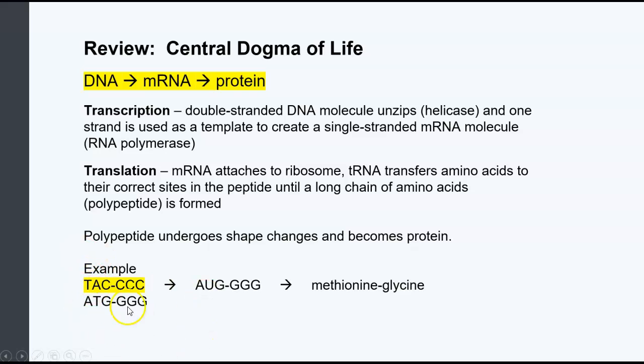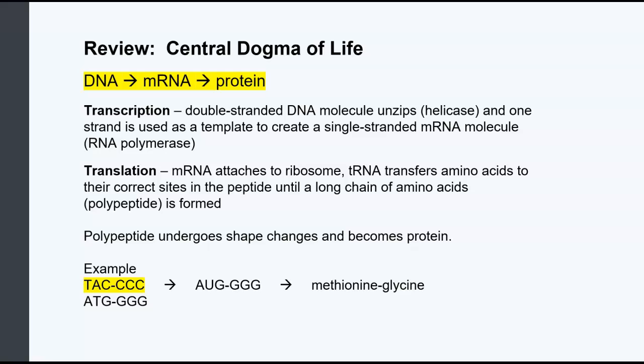So for this piece of DNA, it's going to unzip, and the top portion is going to be used as the template strand, and it's going to produce a complementary RNA molecule. So if you go back over here, T is complementary to A. A in DNA is complementary to U in RNA, because RNA, remember, does not have the nucleotide thymine.